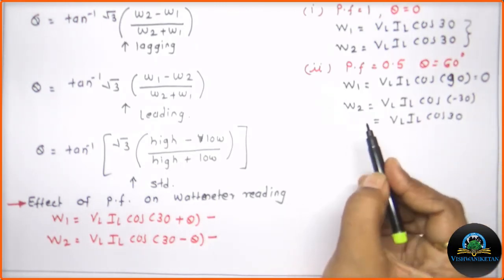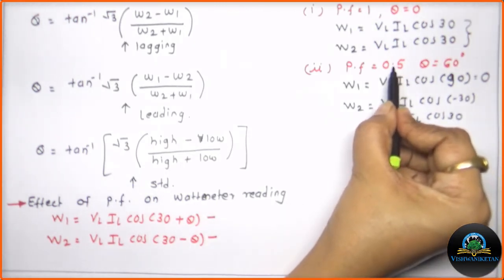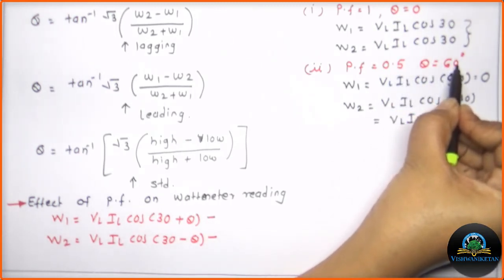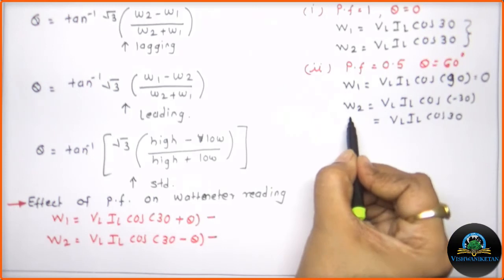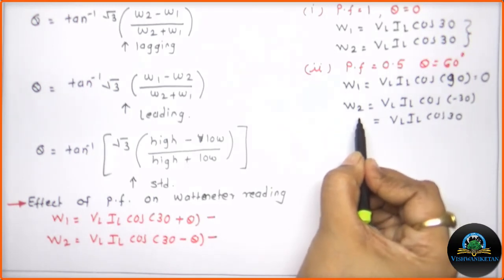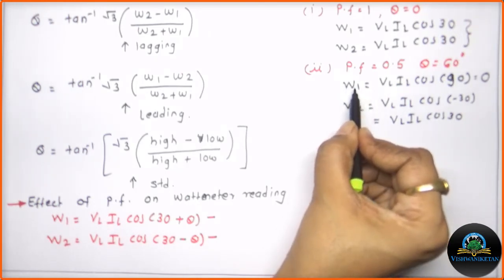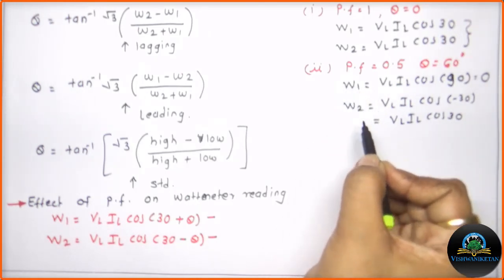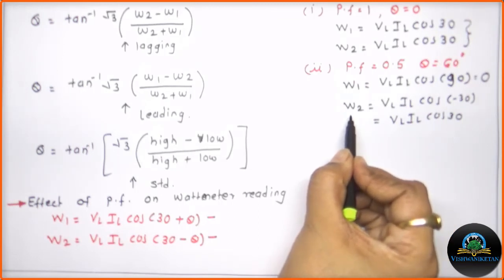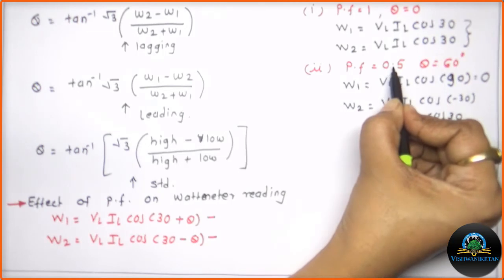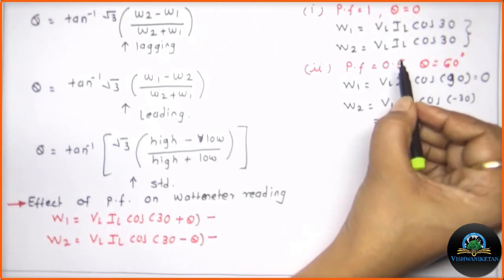It means that when power factor is 0.5 or theta is equal to 60 degree, only one wattmeter is showing the reading, but the other wattmeter is showing 0.